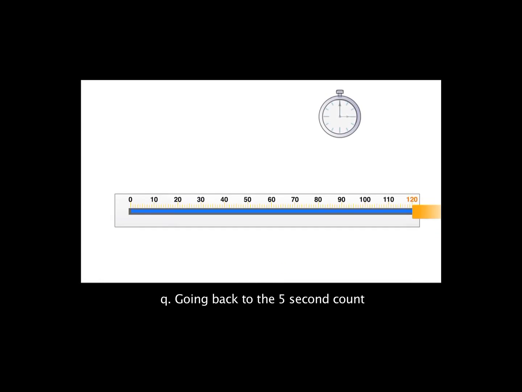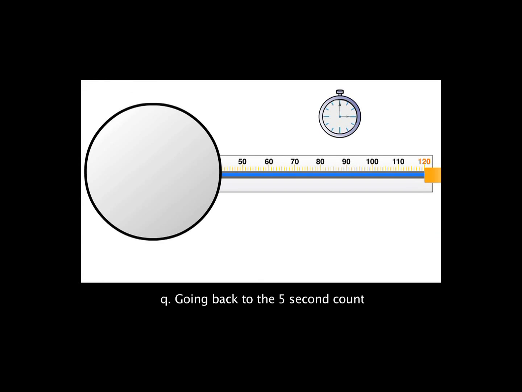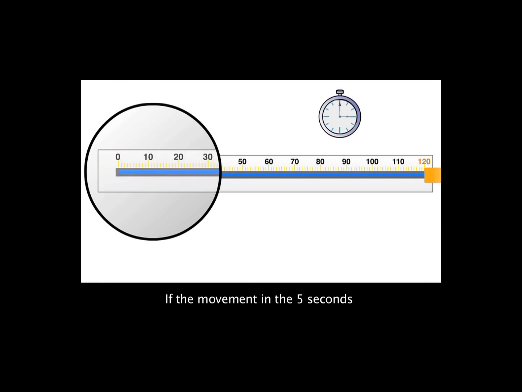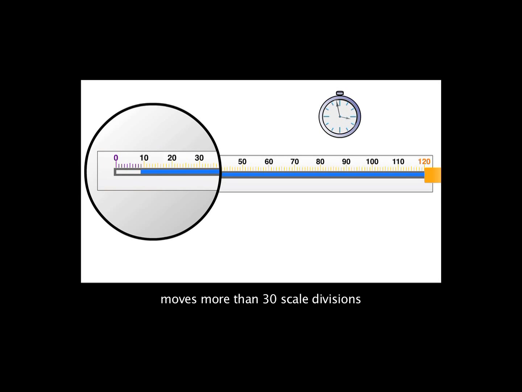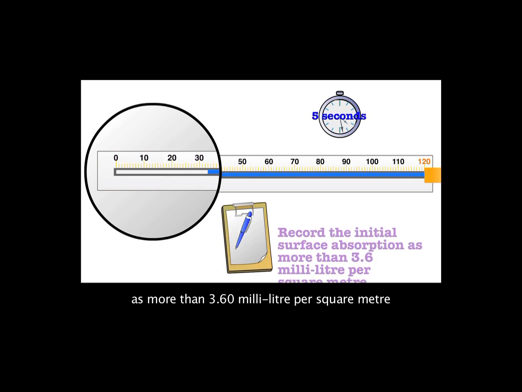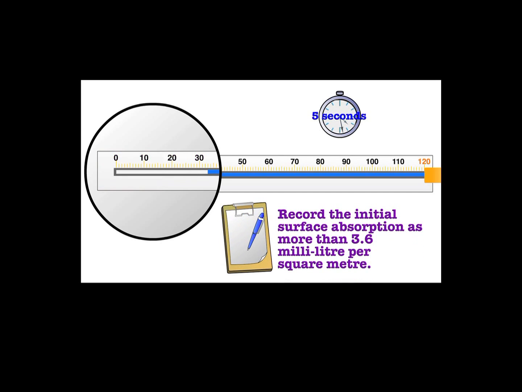Q. Going back to the 5-second count, if the movement in the 5 seconds is more than 30 scale divisions, the concrete is very permeable, and so record the initial surface absorption as more than 3.60 milliliters per square meter seconds.